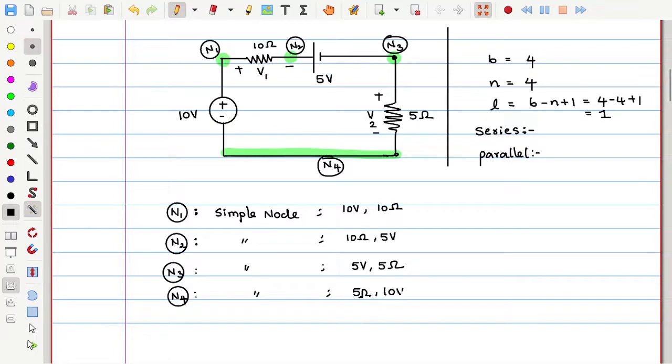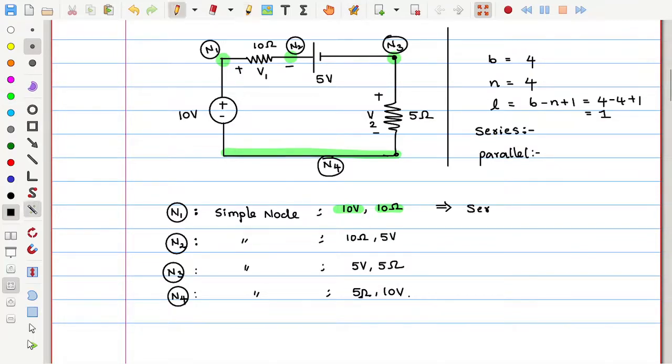Now, one thing should be clear for everyone: if there is any simple node between two elements, those two elements are said to be connected in series. So what are the elements connected by N1? 10 volts and 10 ohms. Now can I say that these two are connected in series?